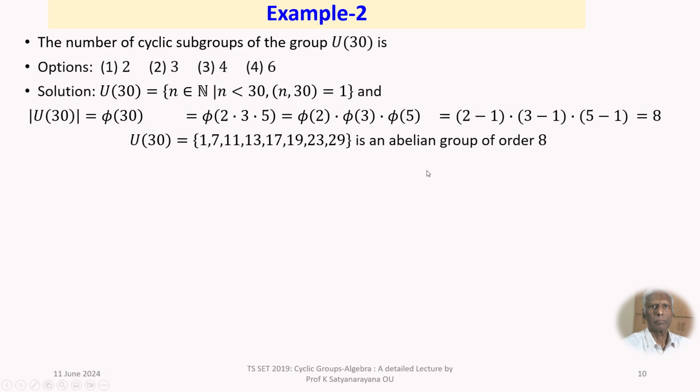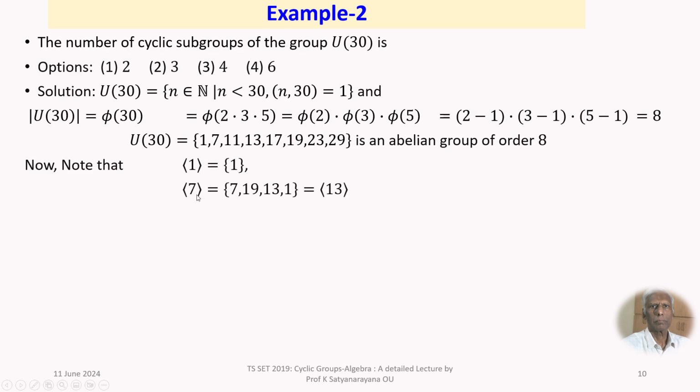Right. So what is the question? The question is, how many cyclic subgroups are there for this? So now note that you take the identity element, and the subgroup generated by 1 is {1} only. The set {1} is a cyclic subgroup. And the next element 7 I take.